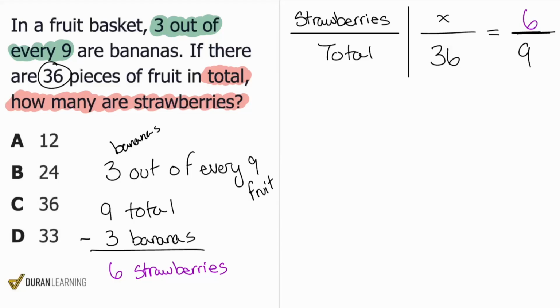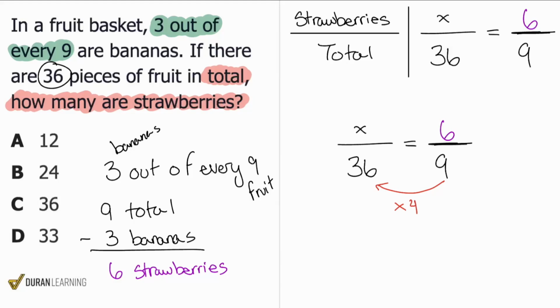Now that we're here, we're good to go. Let's copy that proportion right there, and let's solve. We can cross multiply and divide, but I'm not a big fan of doing 36 times 6. I know it's 216, but I don't care. I'm going to save myself a little time by noticing the convenient comparison of going from 9 to 36. Going from 9 to 36 is times 4.